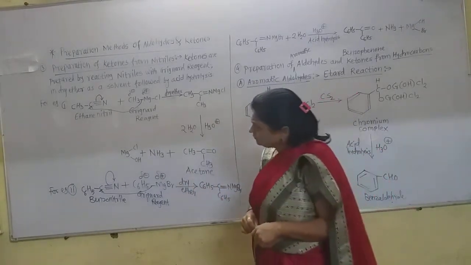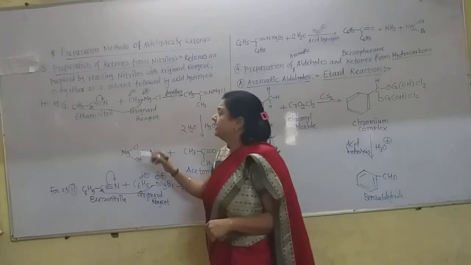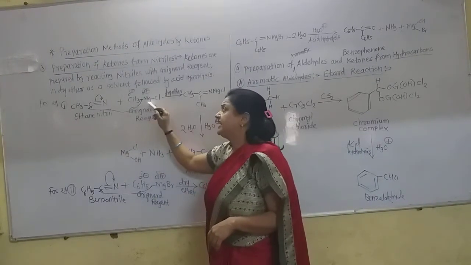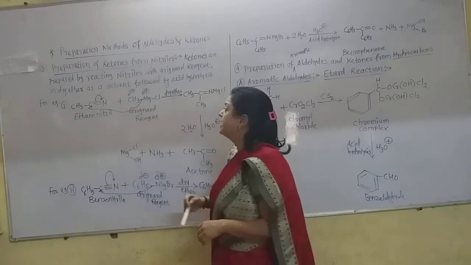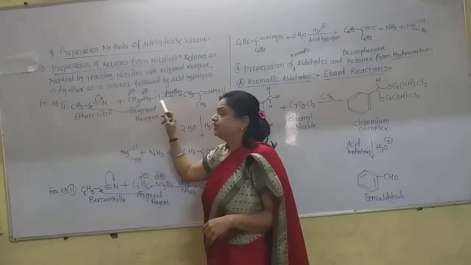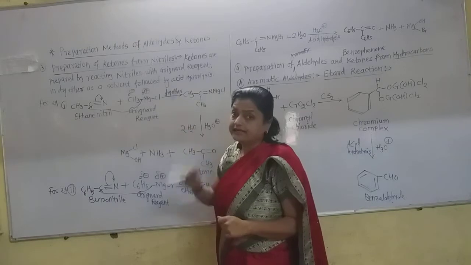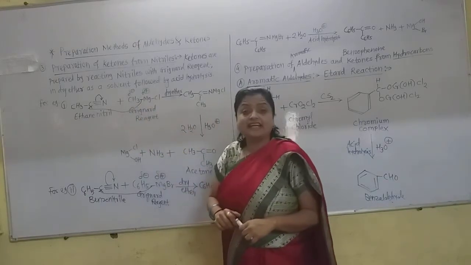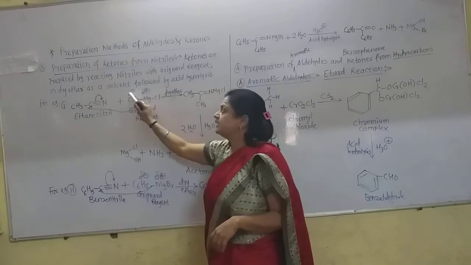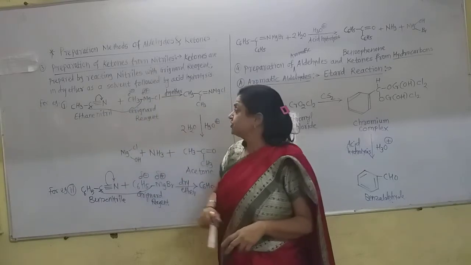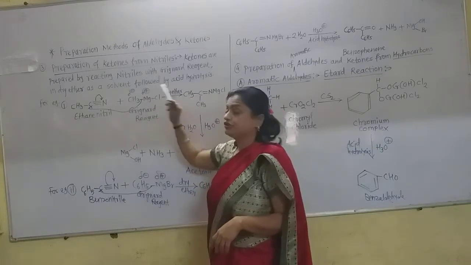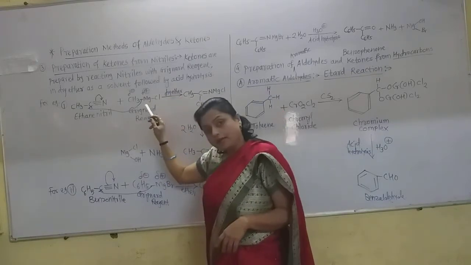Now we know that Grignard reagents are nothing but the alkyl magnesium halides. I use here methyl magnesium chloride as the Grignard reagent. On the alkyl group of this Grignard reagent there is a partial negative charge, and on magnesium there is a partial positive charge, as magnesium is the metal.